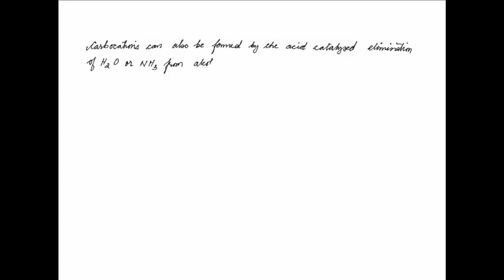Carbocations can also be formed by the acid catalyzed elimination of water or ammonia from alcohols and primary amines. For this, let us take one example, Ph3COH.